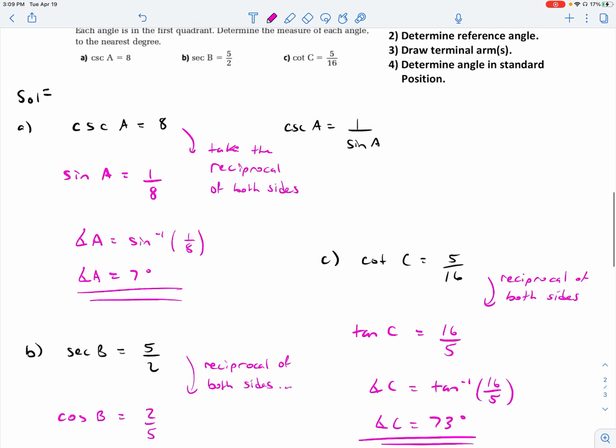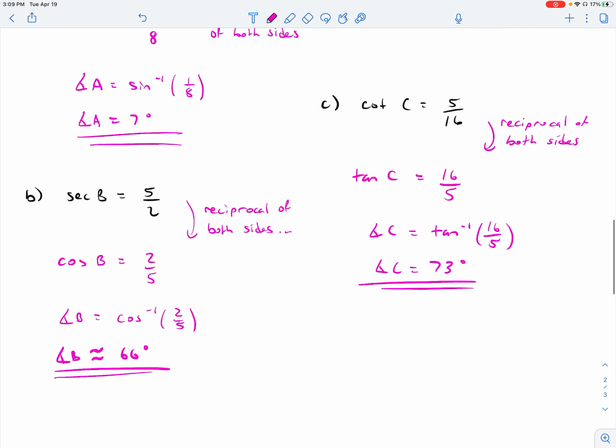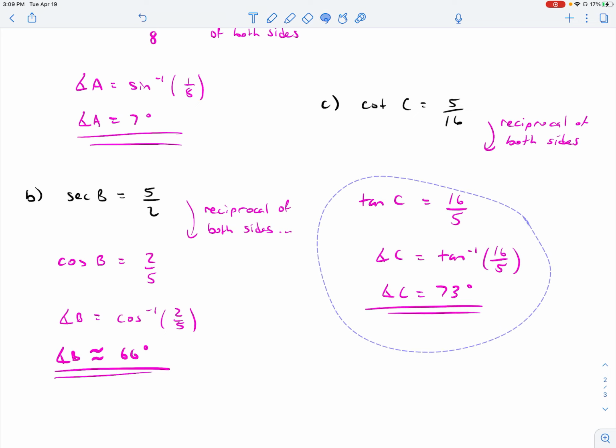The one thing I want to point out is that going from the first line to the second one is easy because I just remember that these are the reciprocals of each other. But I didn't show everything step by step algebraically, so I'm going to insert another line here.